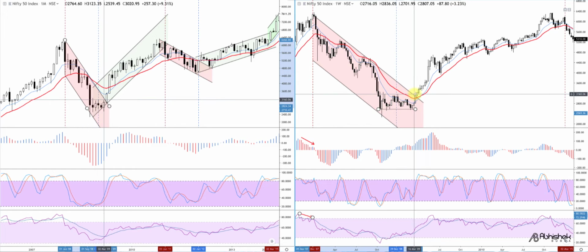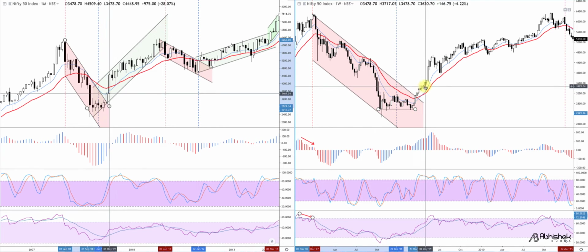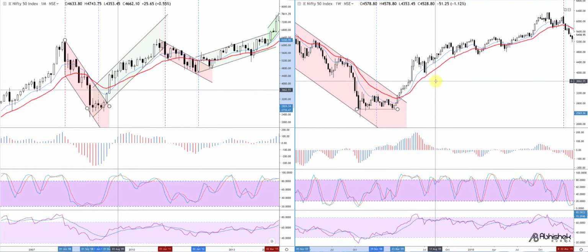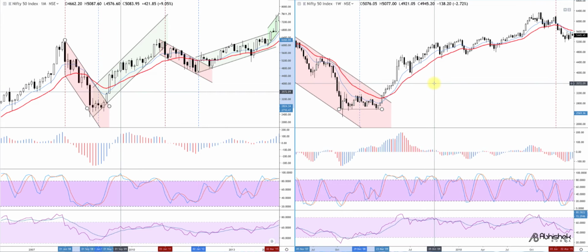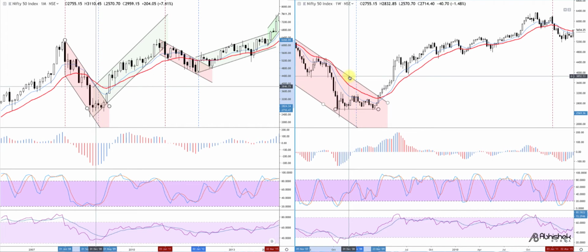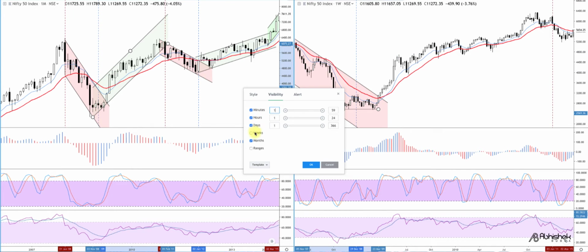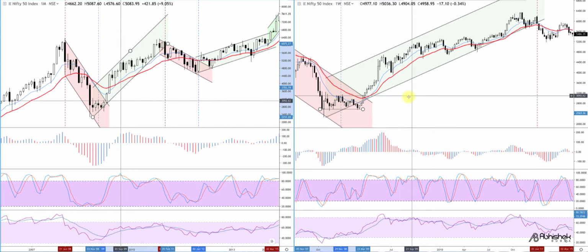Okay, and once the prices go above the channel, above this moving average here, you can take a long position, and enjoy these profits. Alright, so I'm going to start looking at this trend now.